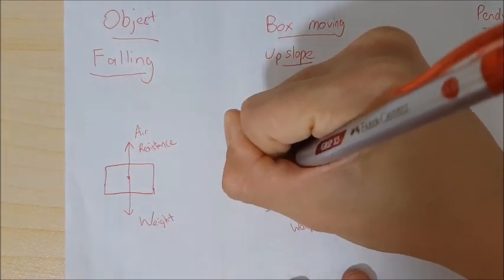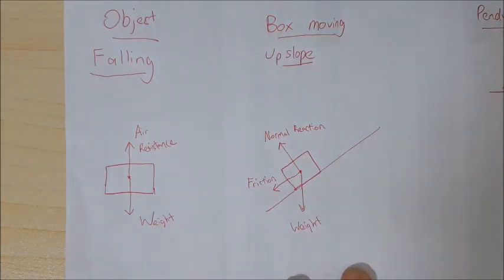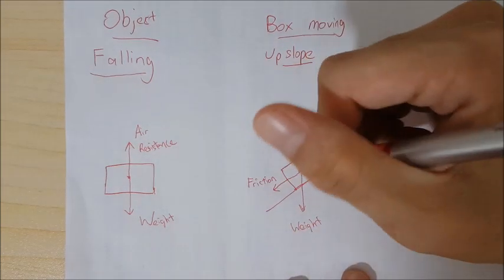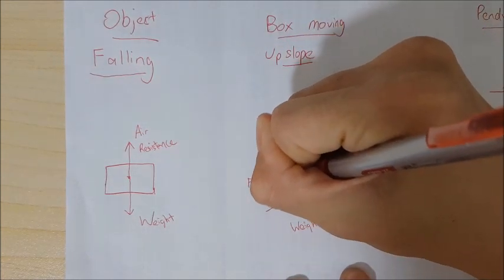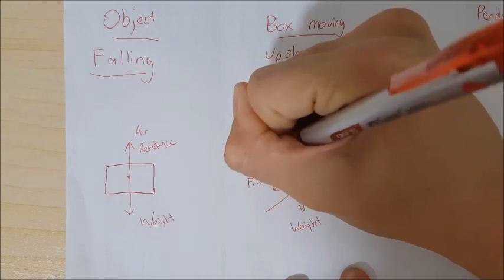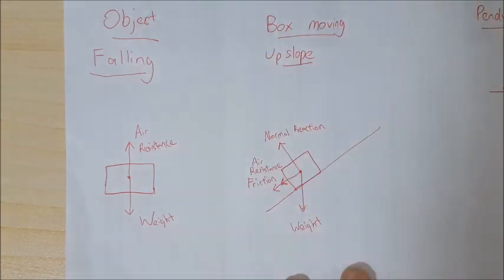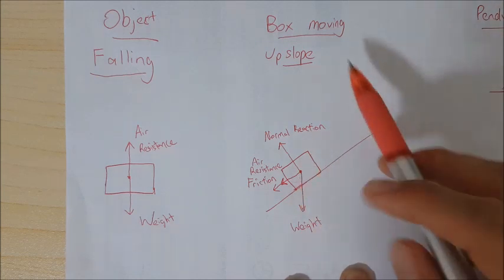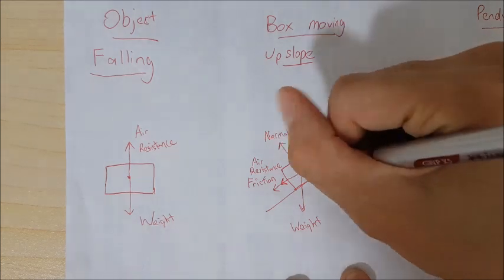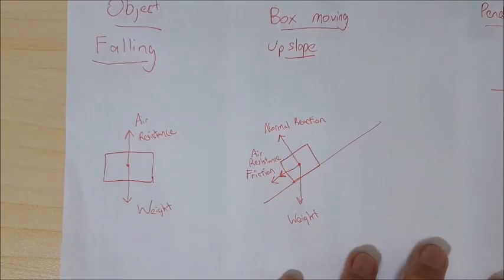So we have friction here. And actually, any object that's moving will experience air resistance as well. So I'll add one more arrow here to show there's air resistance. You can see there are many forces just for this object to be going up. Of course, if an object is moving up slope, there's probably a pulling force pulling the object up, but I'm not going to include that for this case.